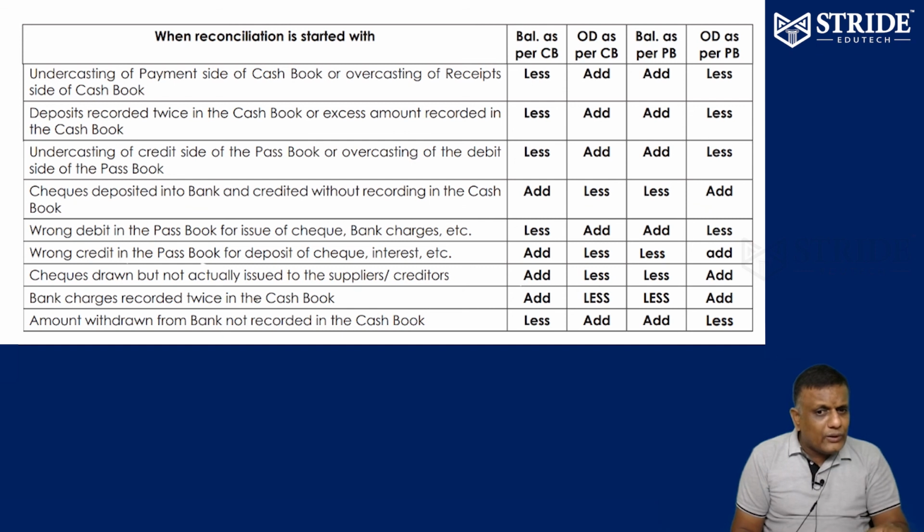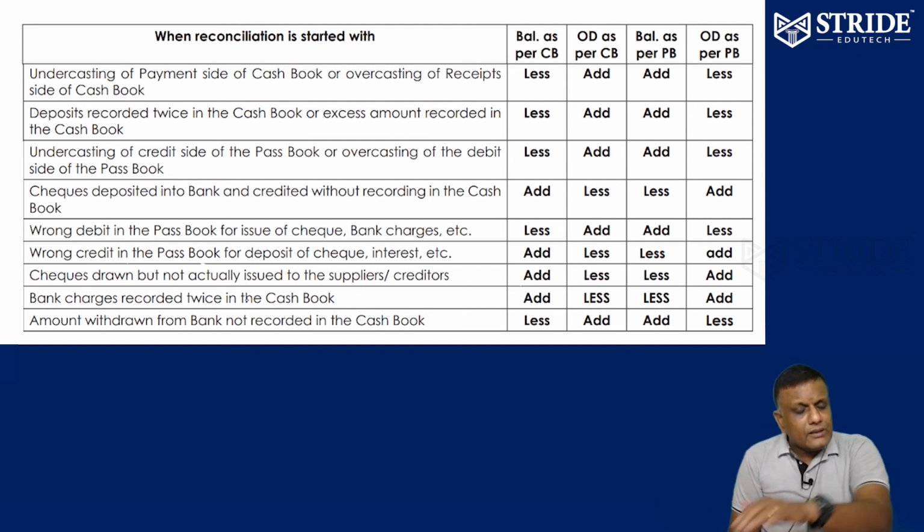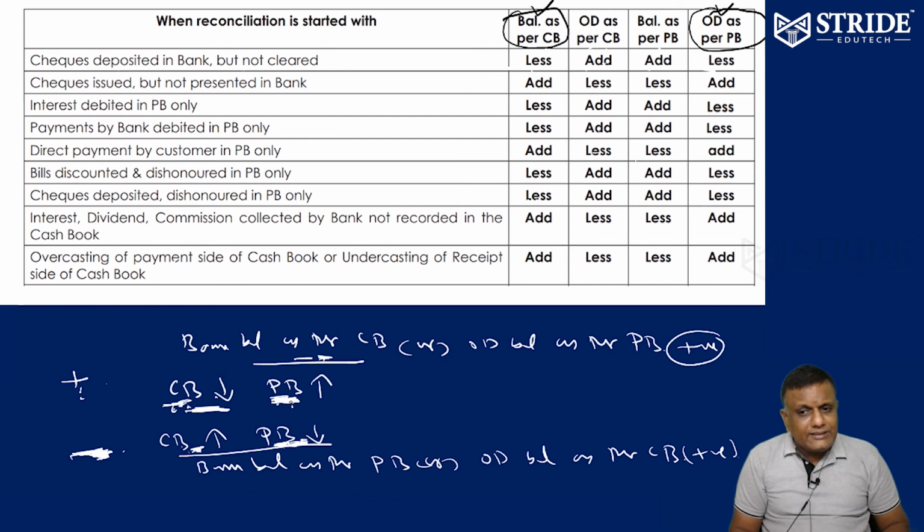Similarly, one charge you entered in the cash book. So the passbook is down one time, and your cash book is also down one time. But the second time you entered it in the cash book, your cash book shows lower. So one time passbook down, one time cash book down, clear.